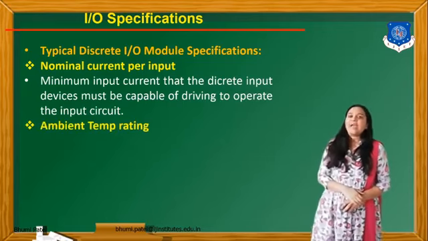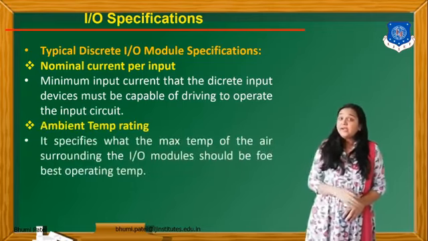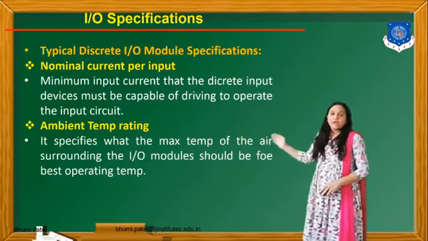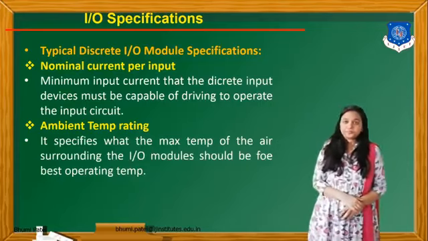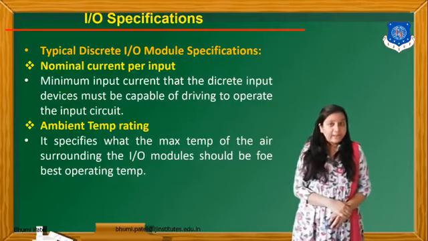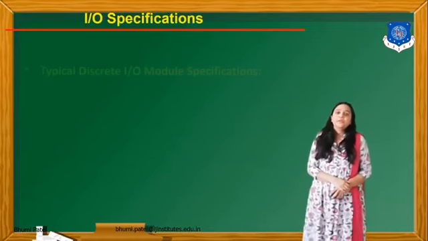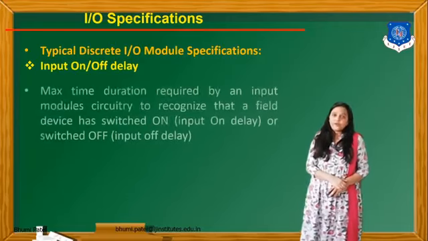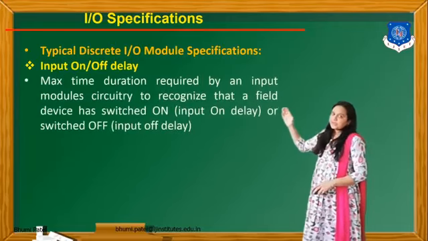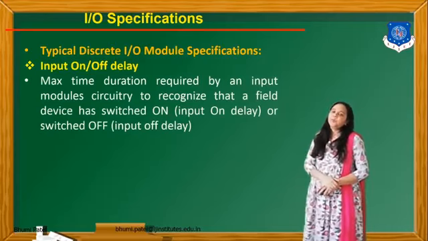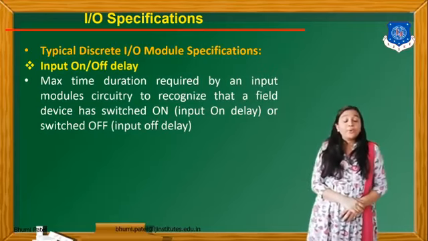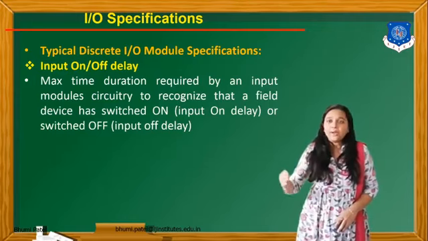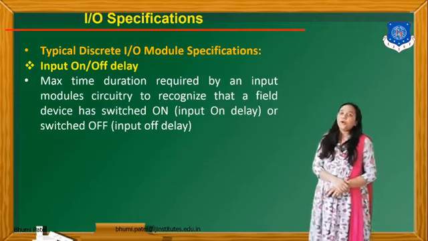The next one is the ambient temperature rating. It specifies the maximum temperature of the air surrounding the output module for the base operating temperature. And the next one is the input on-off delay. The maximum time duration required by an input module circuitry to recognize that the field device has switched on is the input on delay, and switched off is the input off delay.